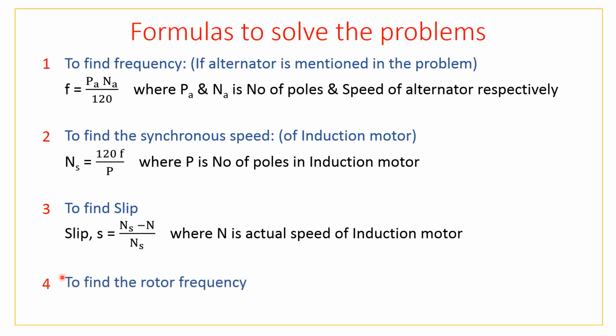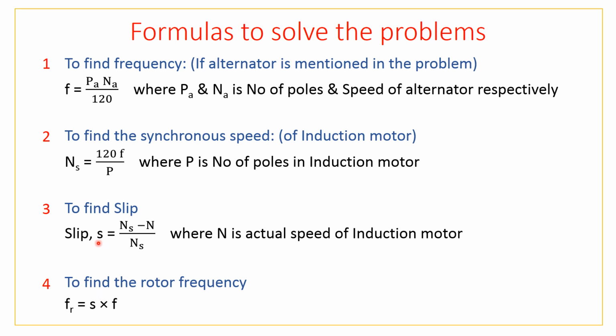Then finally, to find the rotor frequency. Whatever I obtained here is the stator frequency. We know that an induction machine mainly has two parts, stator and rotor. So this f is the stator frequency. Now I must find the rotor frequency fr. So fr is equal to S into f.